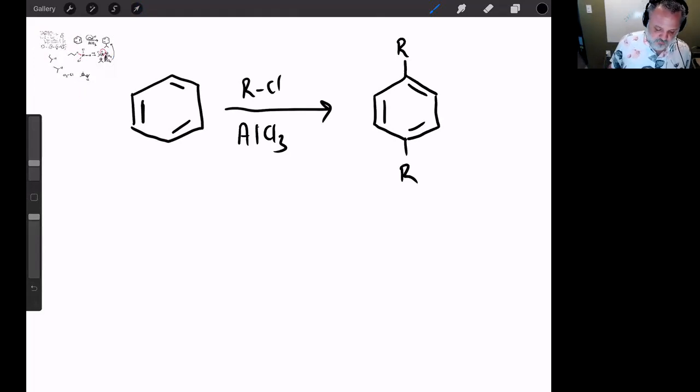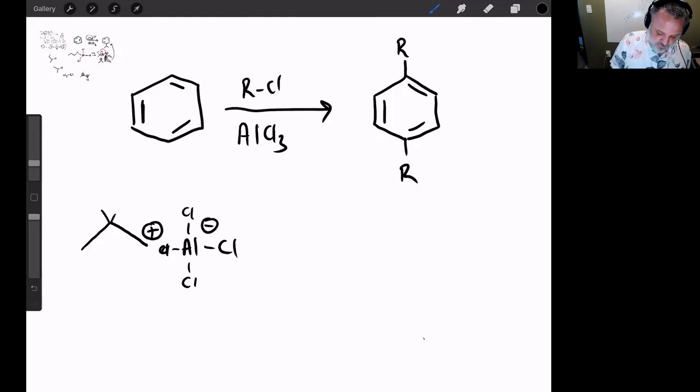Can I explain that more slowly? The hydride shift. Well, this is the reaction, or this is the intermediate that we formed. This aluminum tetrachloride that's got a negative charge, and the carbocation. But this is a primary carbocation.